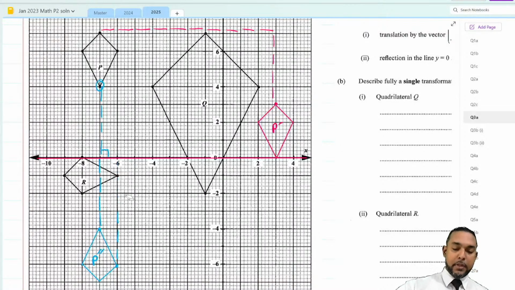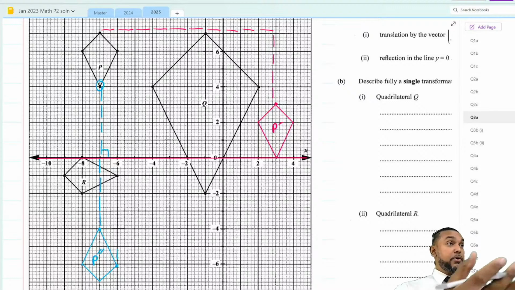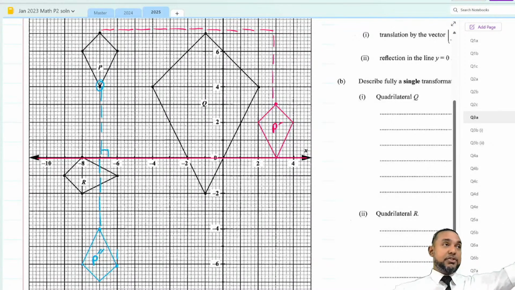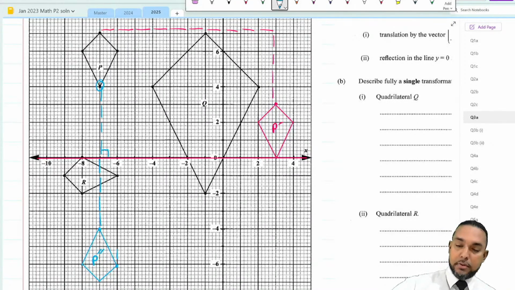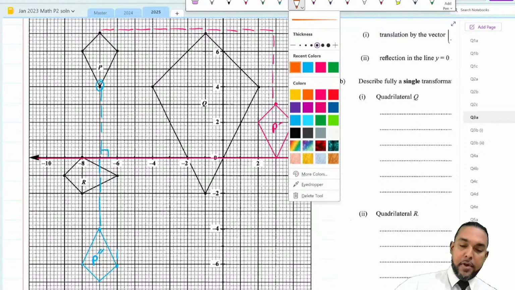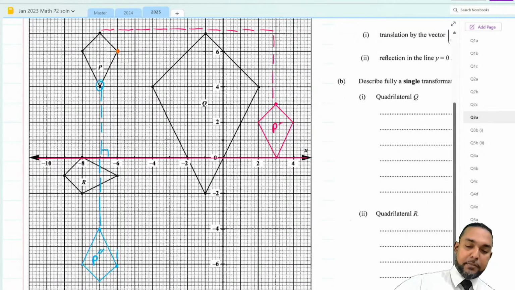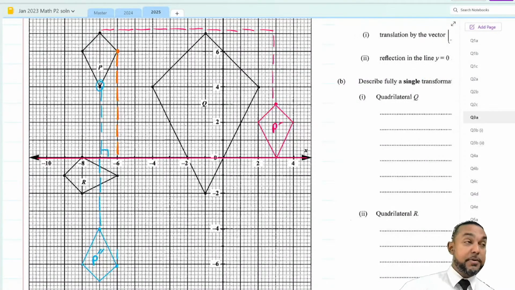Right. Okay. With reflections, each point is reflected one at a time into the mirror line, like I said. The reflection of each point is the same perpendicular distance from the mirror line as the original point. So if we take this point here, 1, 2, 3, 4, 5, 6 spaces down, then its reflection will also be 6 spaces down on the other side.